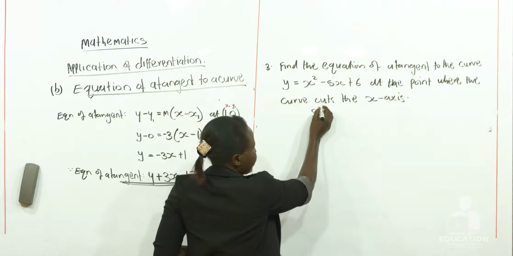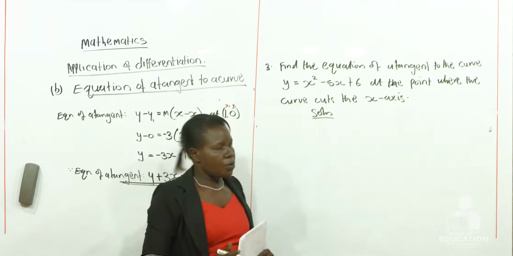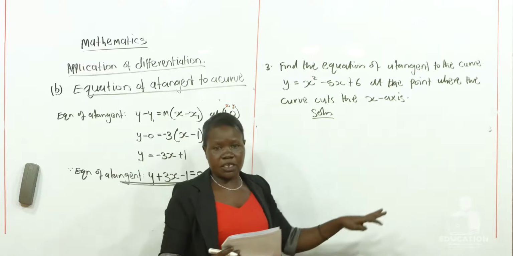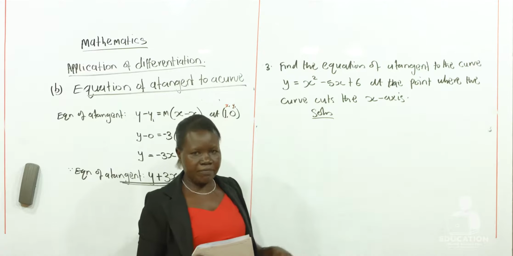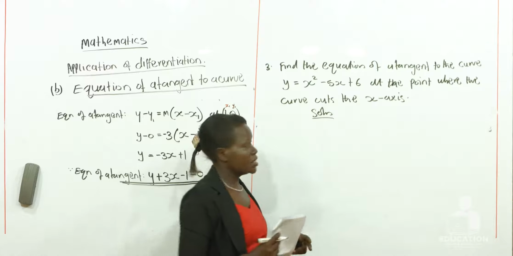But there is the word cut here. The word cut means intercept. If the curve intercepts the y-axis, then x is 0, and when it intercepts the x-axis, then y is 0.